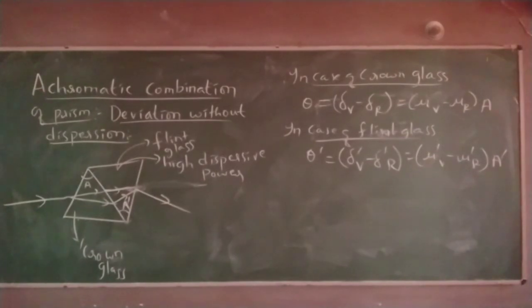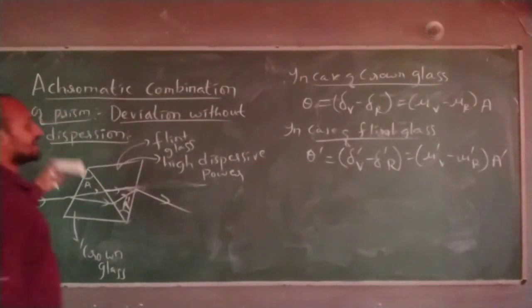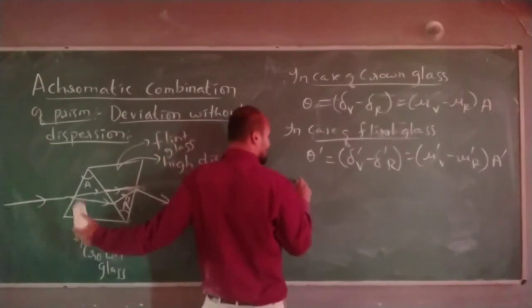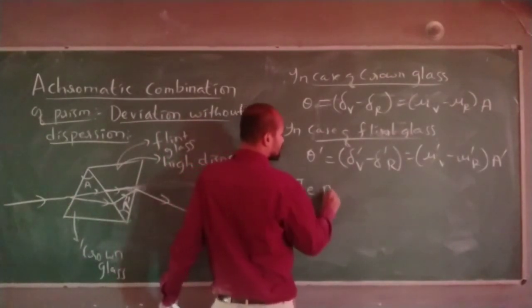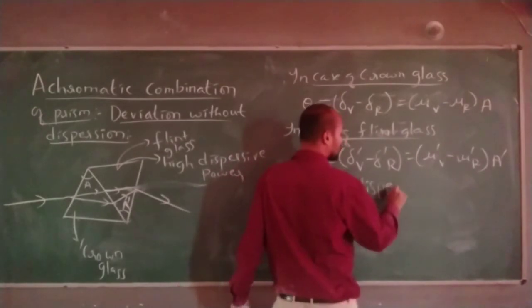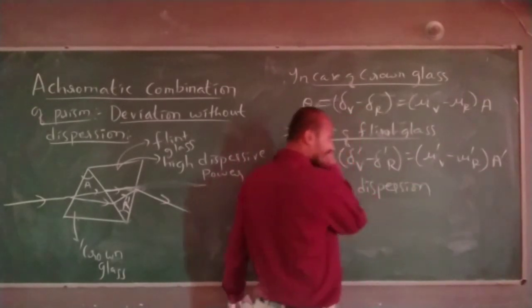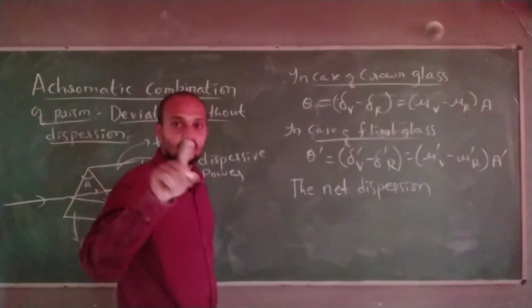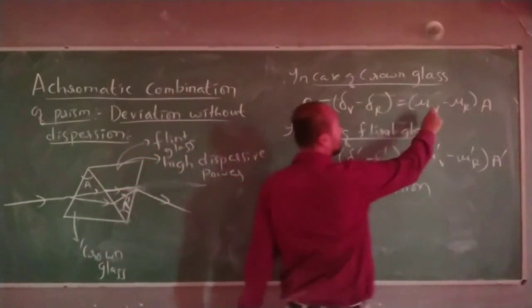For achromatic combination, the net dispersion due to both together must be equal to 0. Achromatic combination means the net angular dispersion. I am not talking about deviation, I am talking about dispersion.